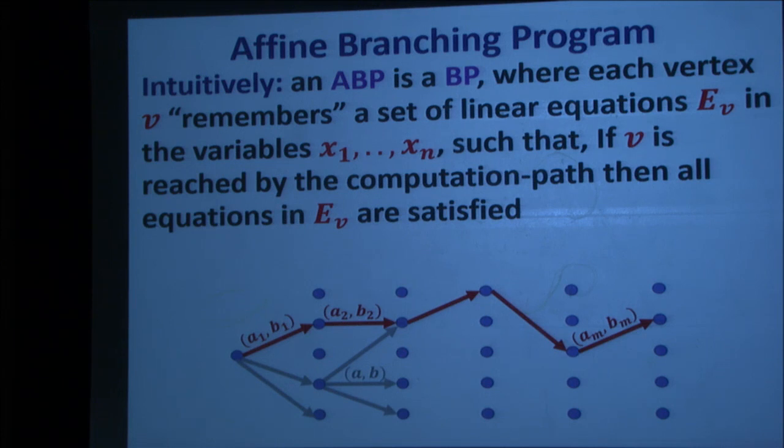Intuitively, an affine branching program is a branching program where each vertex v remembers, in some sense, and we will see in what sense in a second, a set of linear equations EV in the variables x1 to xn. And it should satisfy that if the vertex v is reached by the computation path, then all the equations in EV are satisfied.